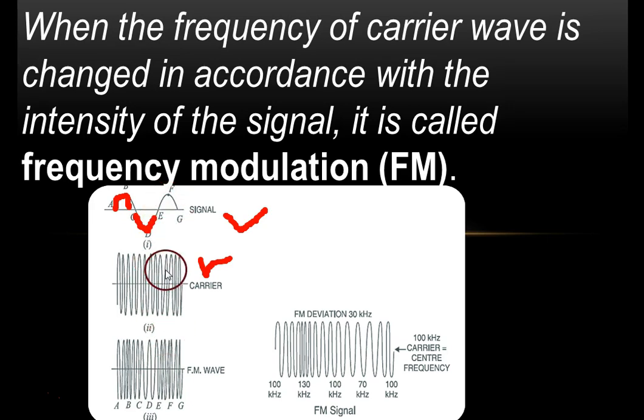It again increases, we have to increase the frequency of the carrier wave. So the frequency of the carrier is changed according to the amplitude of the informative signal. This is called frequency modulation.